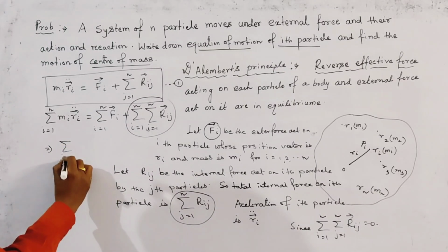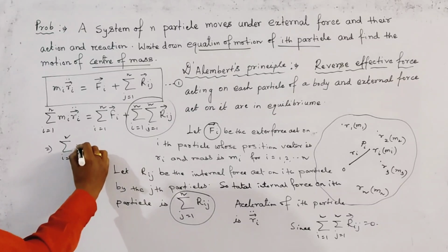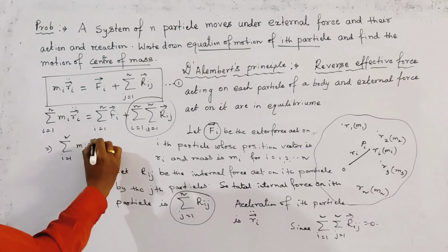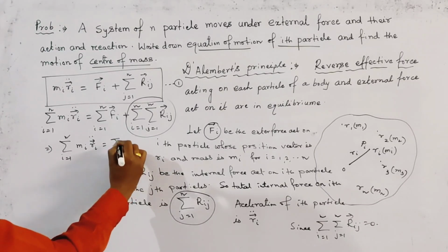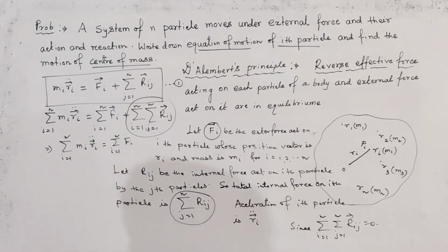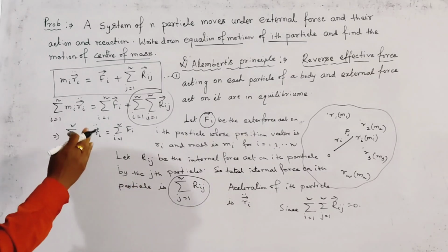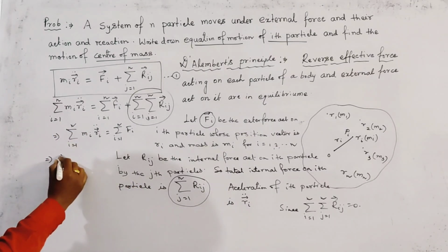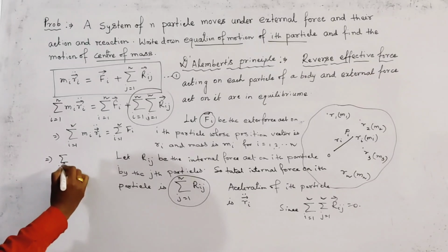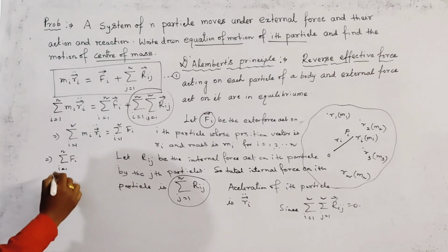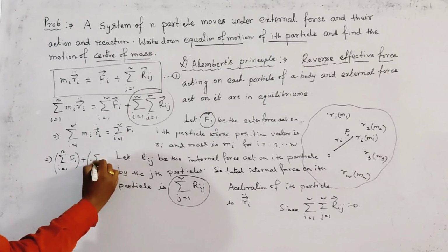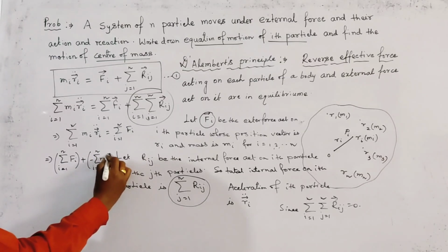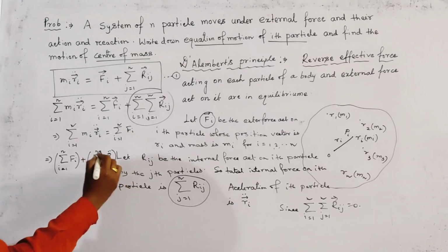So we get the result: summation i equal to 1 to n Mi Ri vector double dot is equal to summation i equal to 1 to n Fi. This relation can also be written in the form summation i equal to 1 to n Fi, the external force, minus summation i equal to 1 to n Mi Ri vector double dot, equal to 0.